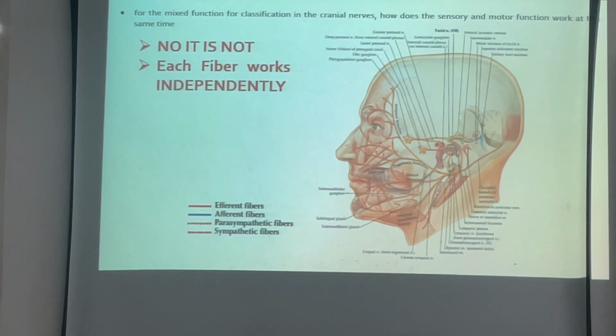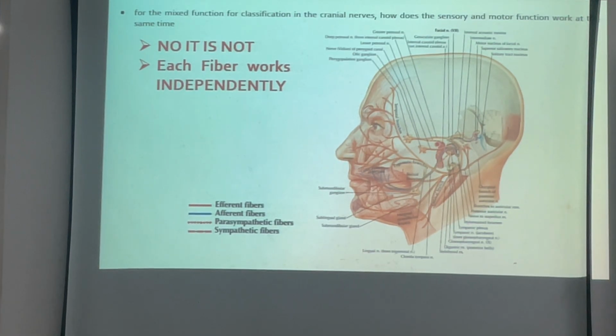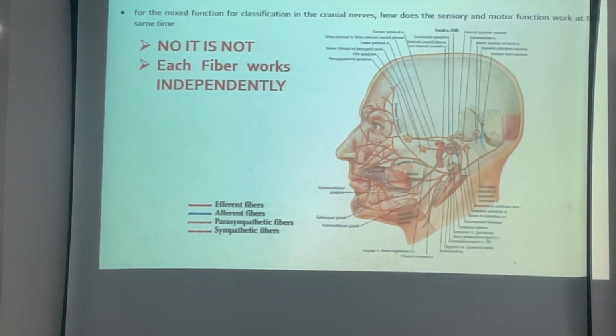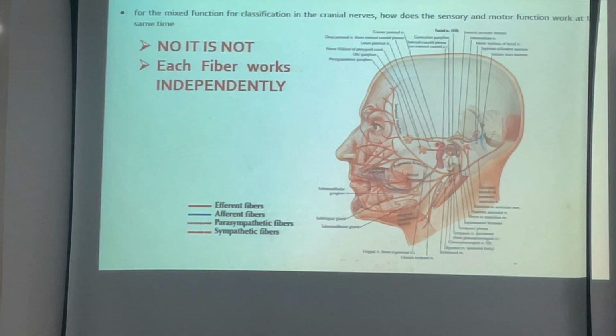It does not work at the same time. It works independently. If the parasympathetic is working in the salivary gland, the tongue is not moving. You can control it, so it does not work together. It works independently because the fibers have different targets.